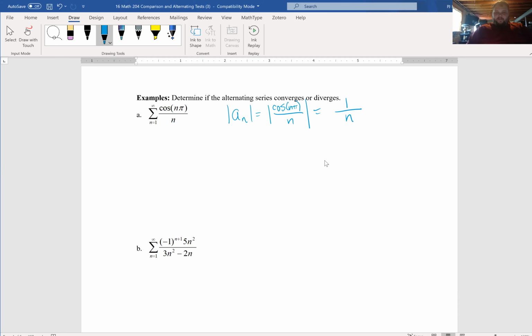So the absolute value disappears, so does cosine n pi. We don't have to worry about the n because n clearly runs from 1 to positive infinity, which means there's no way for that to be a negative number. And so I don't need the absolute value around it still.